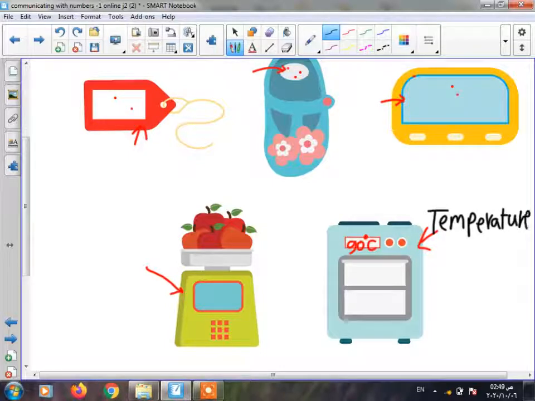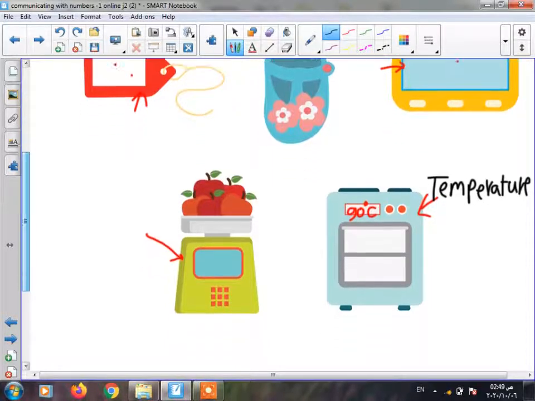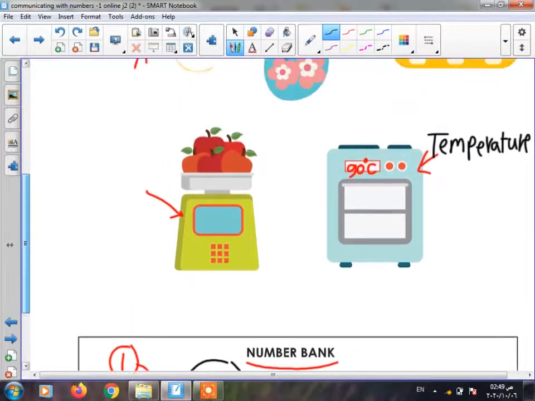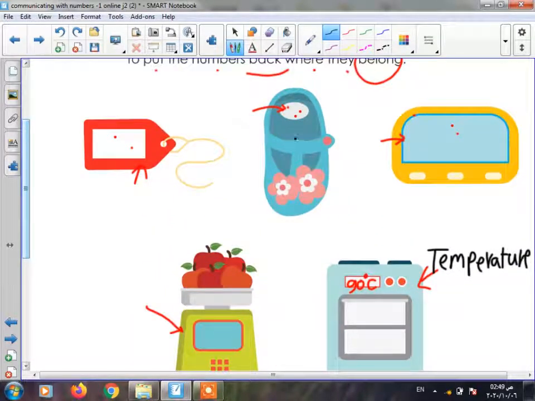Excellent. Okay, the next one will be 3 o'clock. Alright, 3 o'clock. What am I talking about? Yes, excellent. Time. Which of these things is used to tell me the time? This sign? No. This slipper? No. This clock? Yes. I will write 3 like this. 3 o'clock.